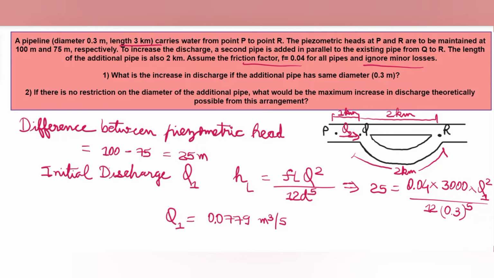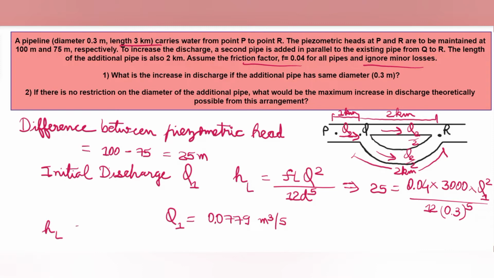Suppose the entering discharge is Q2, then it will get divided in both of these pipes, with half the discharge going in the first one and half in the second one, which is Q2 by 2 and Q2 by 2.